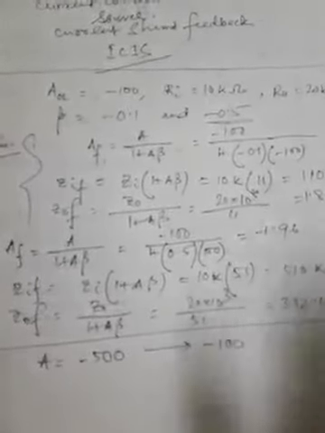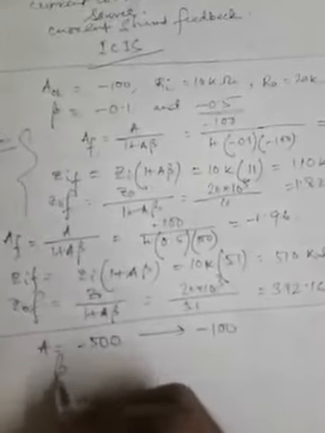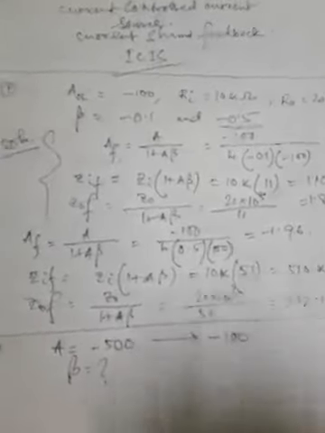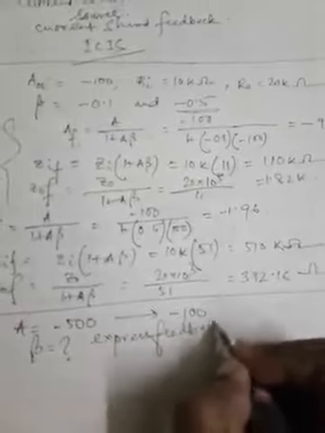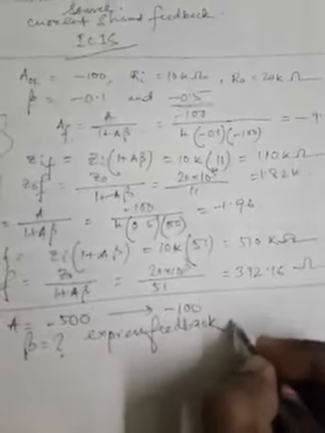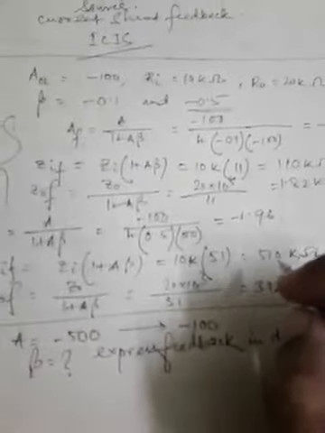Now we determine the reverse transmission factor, or the beta. Beta is to be determined and express the amount of feedback in dB, that is decibel. So let's see how.